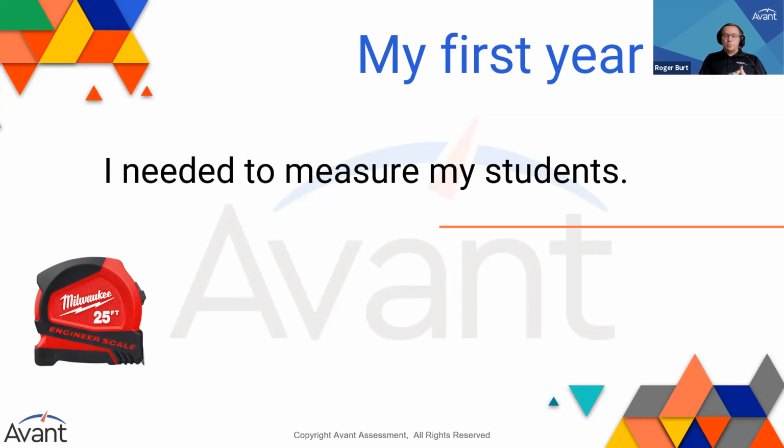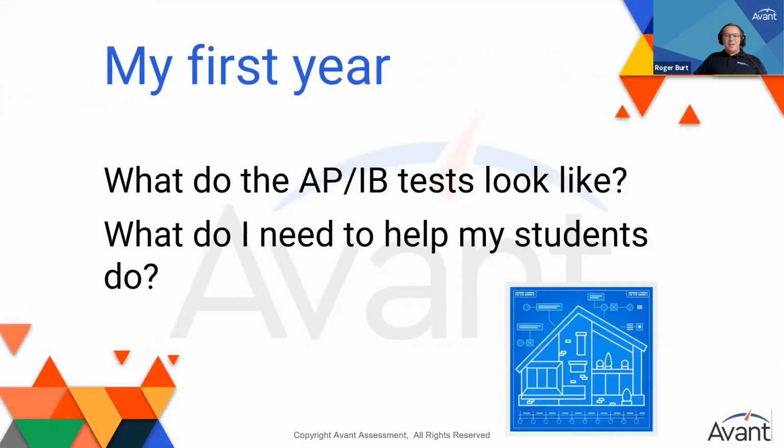So I went about figuring out how to measure my students the best way I could with my first year abilities. And then, as I mentioned, there was no curriculum for AP or IB, and I needed to know what those tests looked like because those students already had so much against them, and I needed to help them be as successful as possible. So I dove into those tests to see what kind of things my students needed to be able to do to be successful.